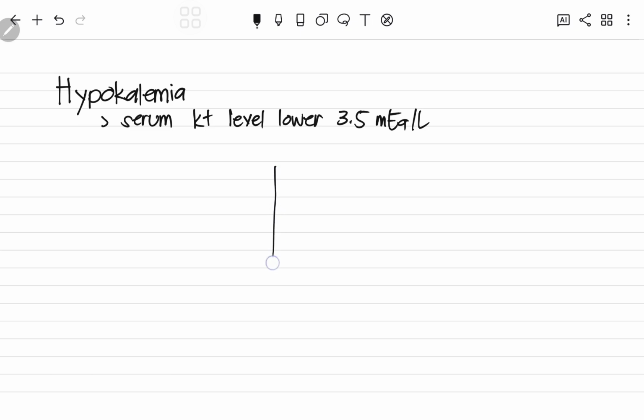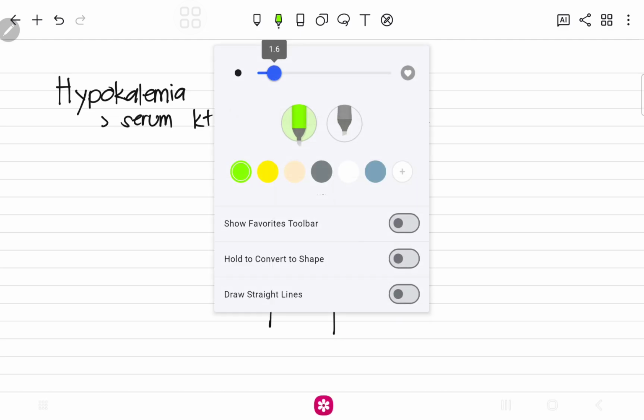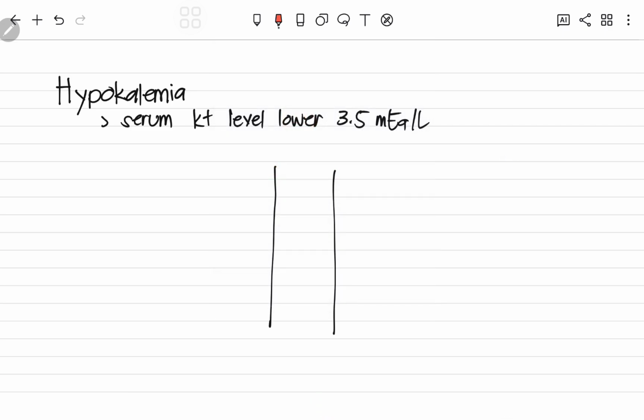So whenever we think of potassium, most of the students always think about the bloodstream, because we all know that potassium is an intracellular cation, and that's true. It's a positively charged electrolyte, and saan siya mas marami or saan siya nagre-reside talaga, it is actually located inside the cell.